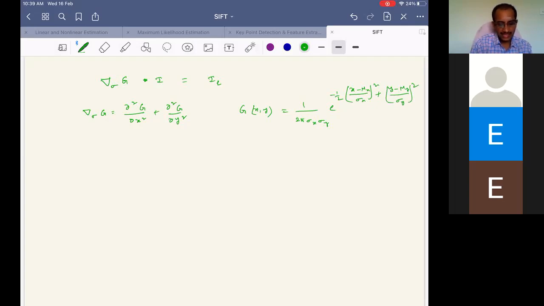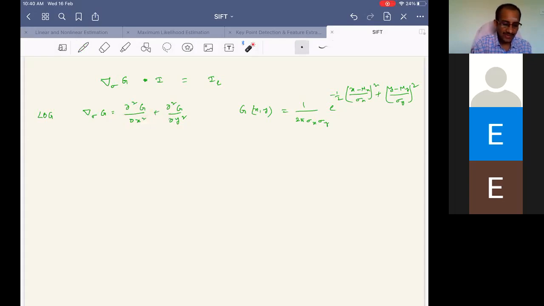To compute the Laplacian of Gaussian, we need to find dou square g by dou x square and dou square g by dou y square. Each of these computations takes reasonable time and effort, and it's not very easy.